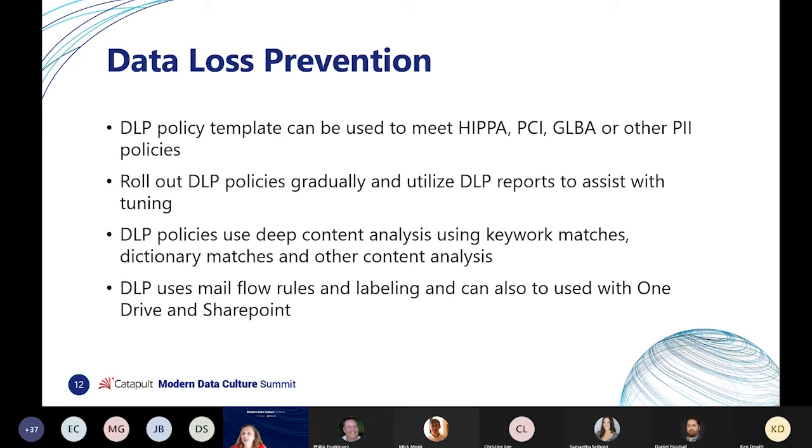Data loss prevention, there's a DLP policy template that can be utilized, whether we need to meet PCI, GLBA, HIPAA, or other types of PII policies. And certainly a lot of different things that we need to tune in our different environments. Rolling out the DLP policies gradually is going to be the best approach.